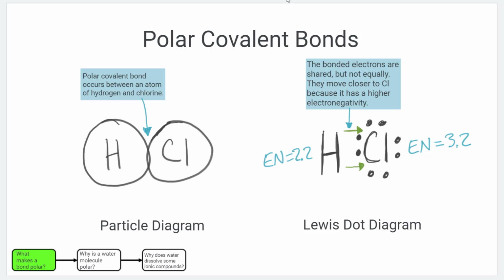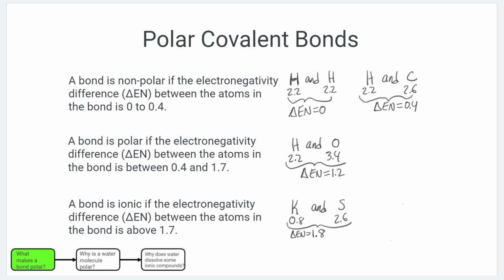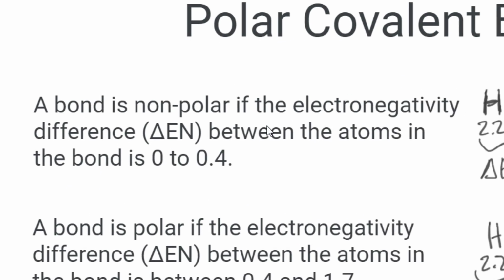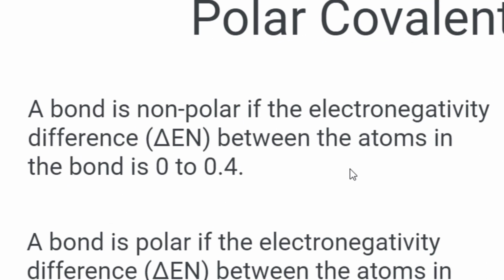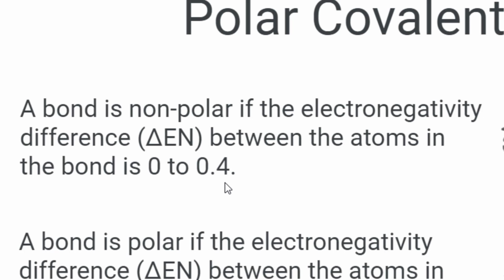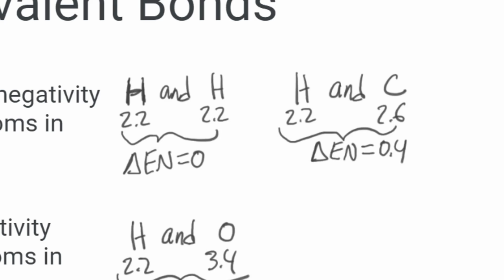So how can we tell if a covalent bond is polar? We look at the electronegativity difference. First, a bond is nonpolar if the electronegativity difference between the atoms in the bond is 0 to 0.4. So here are some examples. If we look at a bond between hydrogen and hydrogen, which does happen, in fact, hydrogen doesn't exist by itself as one atom.